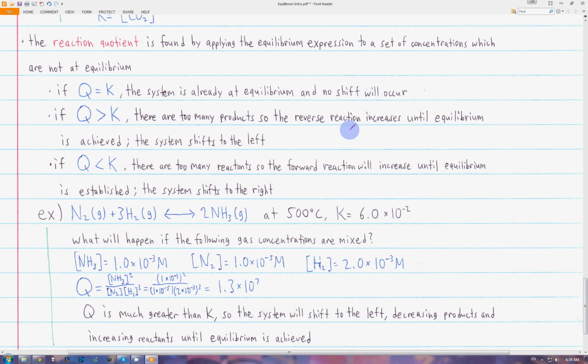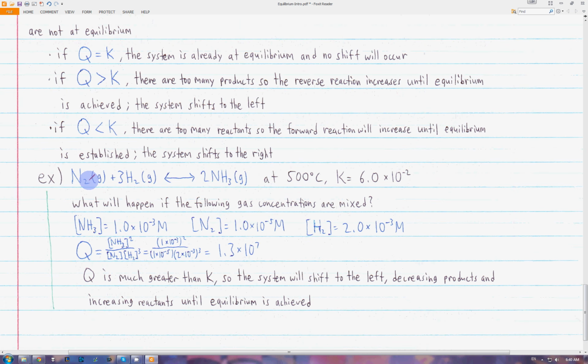So we say the system shifts to the left because it begins producing more reactants while consuming products. If Q is less than K, then that means there are too many reactants, so the forward reaction must increase until it achieves equilibrium. So we say the system shifts to the right. It produces more products while consuming more reactants.